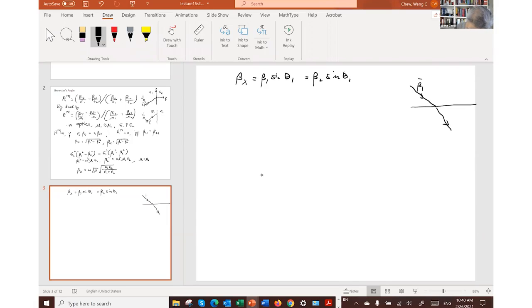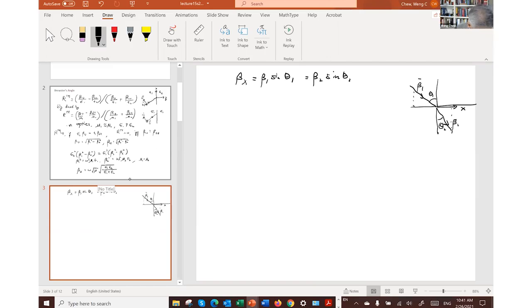So this is beta 1, this is beta 2, and this is my x direction, and the x components of these two vectors have to be equal to each other. Theta 1 is this angle in this region, and theta 2 is the angle in this region.